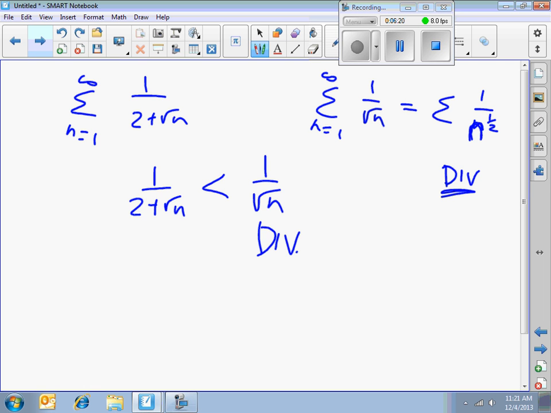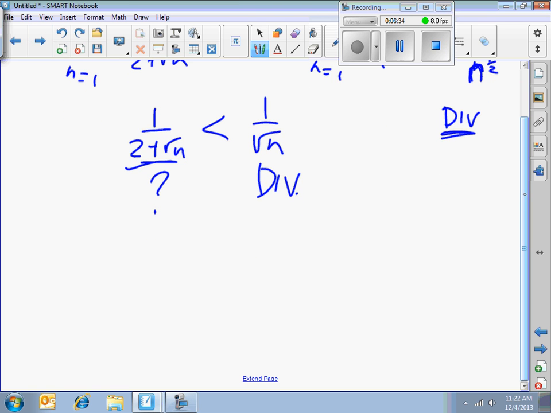All of a sudden, I realize, well, this is going off to infinity. This could be going to a number. It could be going to infinity. I don't know. So that did not work. It was not a good thing to compare it to. Let's try to compare to the harmonic 1 over n. Because we know, we've seen several times by p-series and or integral tests, that this is indeed divergent.